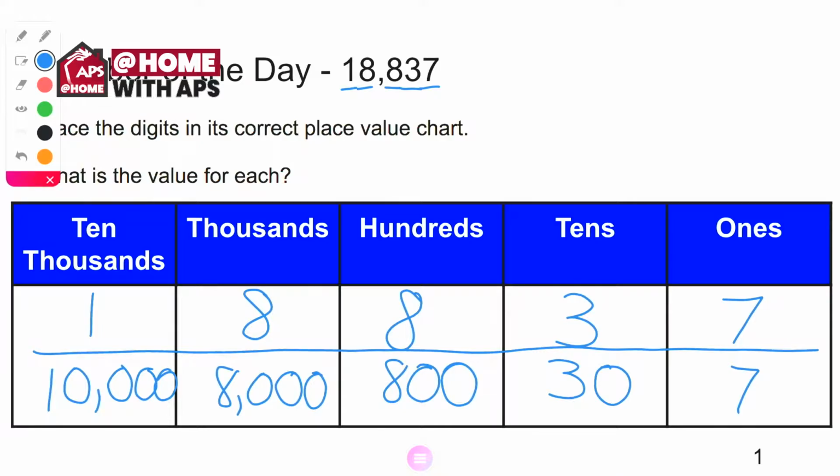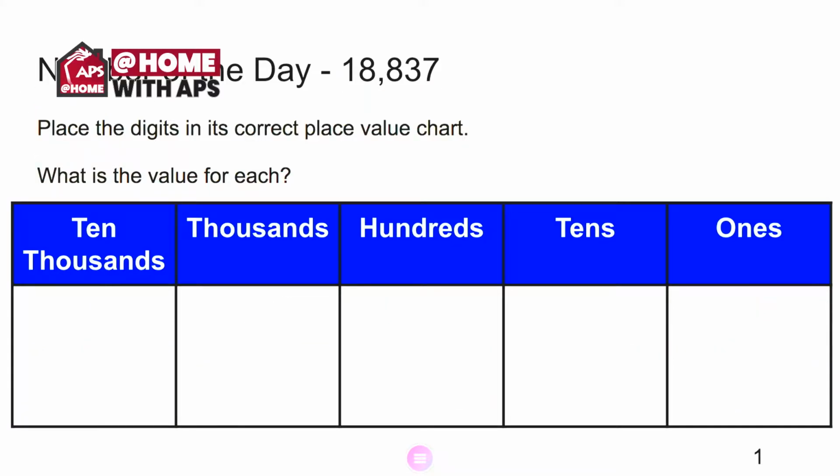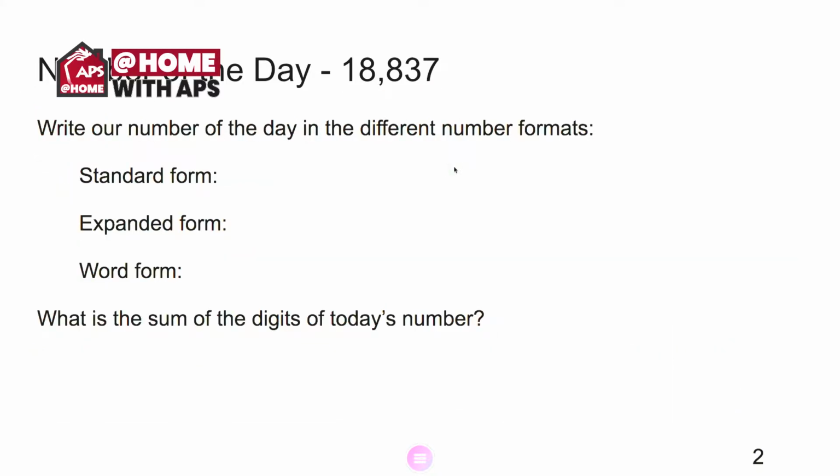Which one's worth more? The dollars is worth more. But if we had just $18,837 in $20 bills, $100 bills, that would be great. All right, let's go ahead and move on to our next one.